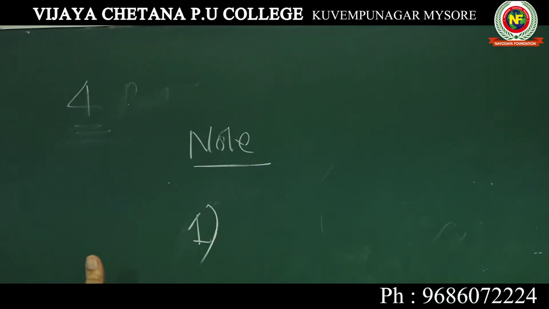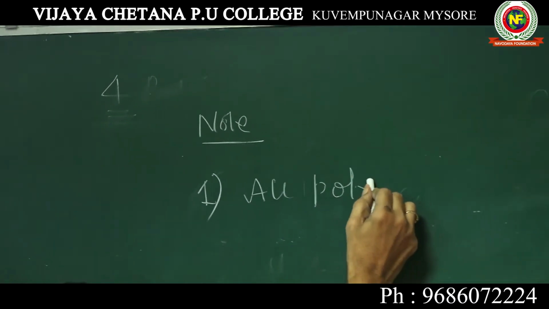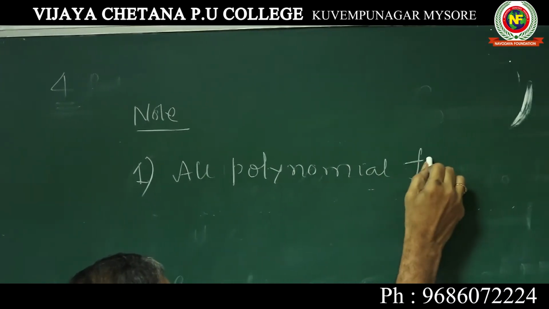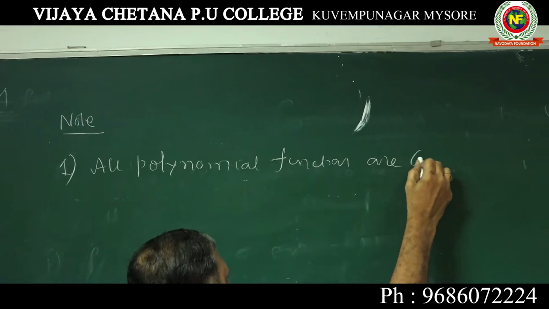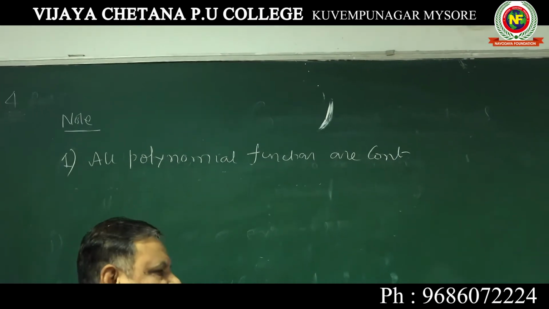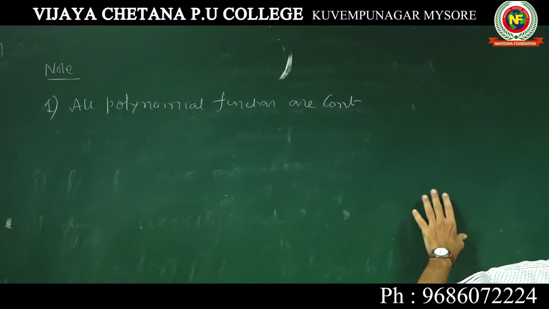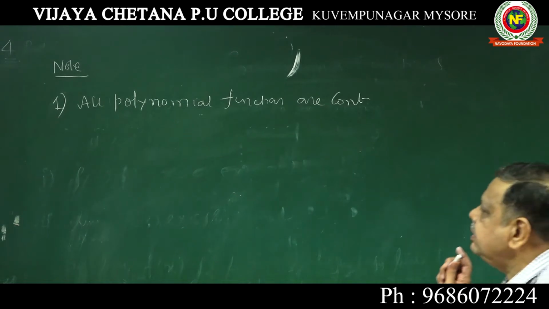Now let us see how to prove a function is continuous. Like in Rolle's theorem, all polynomial functions are continuous. That is why whenever you write 2x plus 3 or 2x square minus x plus 3 in Rolle's theorem, we used to say it is a polynomial of degree 1 or degree 2, so it is continuous.